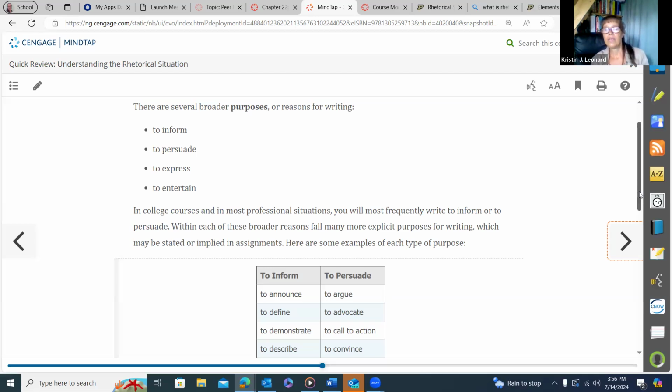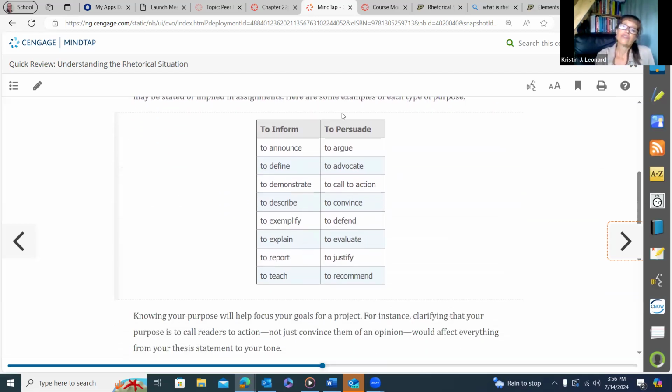So here we go to inform. I want to actually focus on the right-hand column. So to persuade, you may have a topic already that you're trying to consider how to approach.